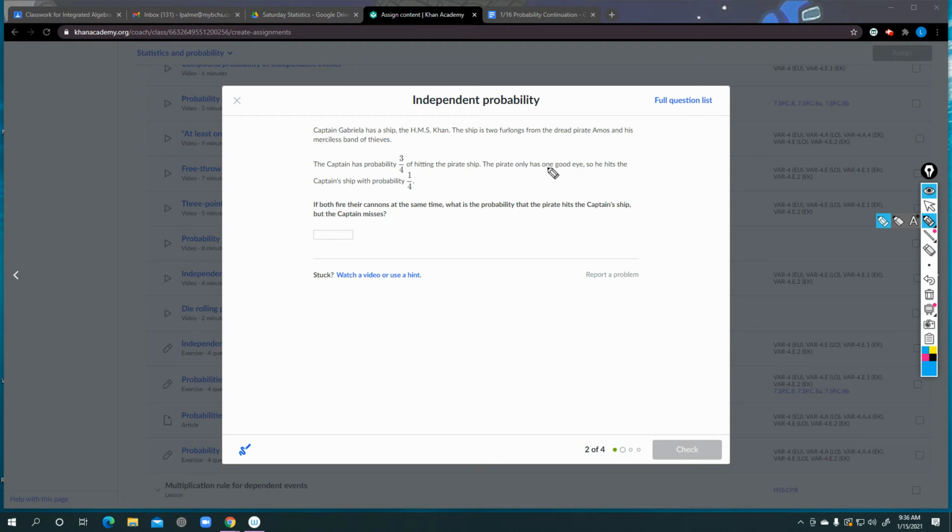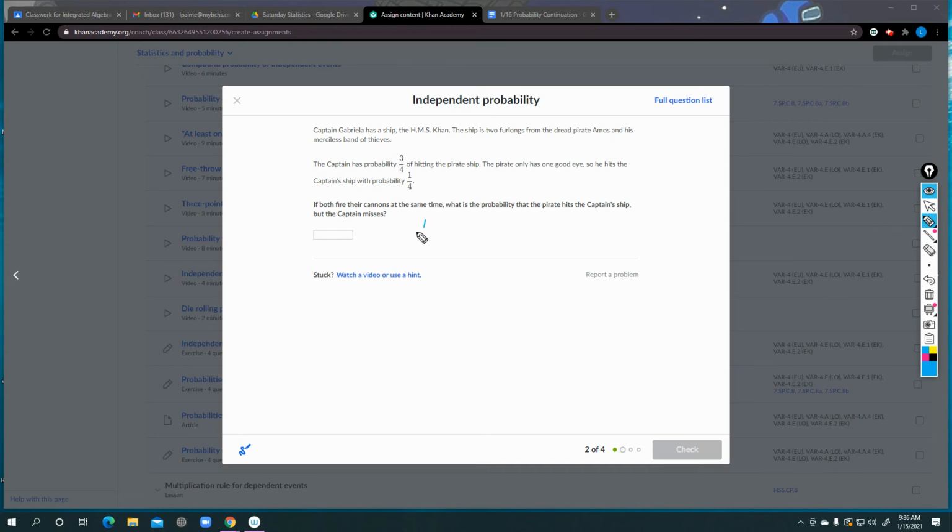The pirate only has one good eye, so his probability of hitting the captain's ship is 1 out of 4. If both fire their cannons at the same time, what is the probability that the pirate hits the captain's ship, but the captain misses?